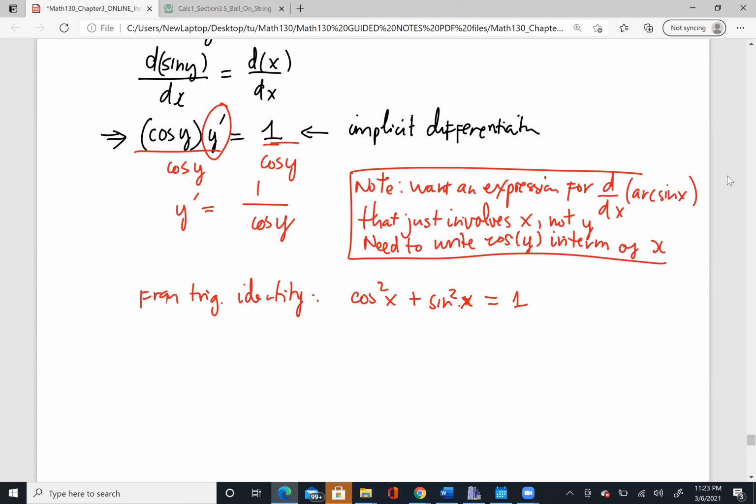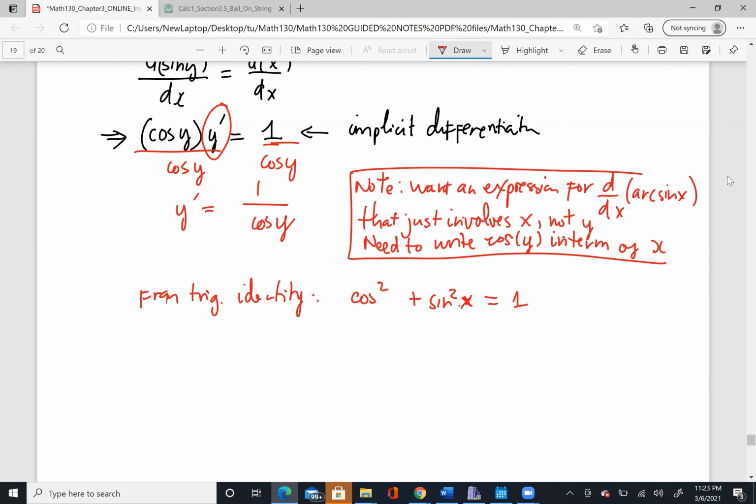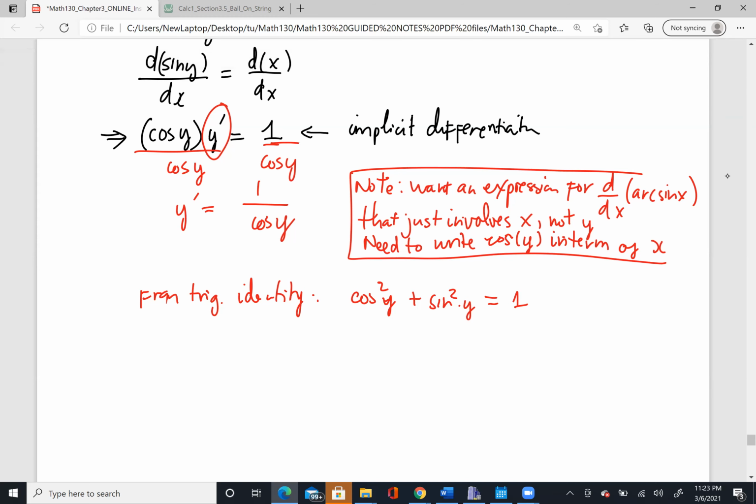So from here, I should change to y, better for this case, because later on I can change to x. So then from here I can have cosine squared y equal to 1 minus sine squared y. And then you have cosine y equal to the square root of 1 minus sine squared y.